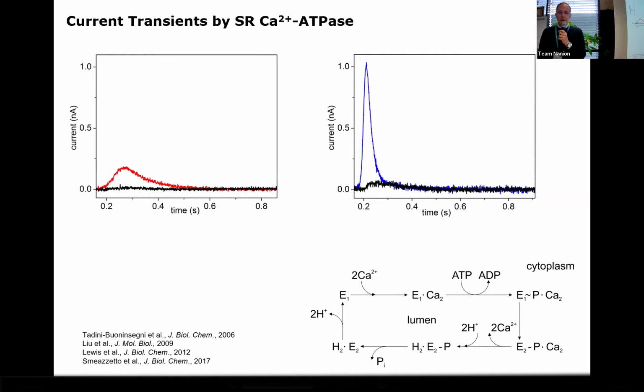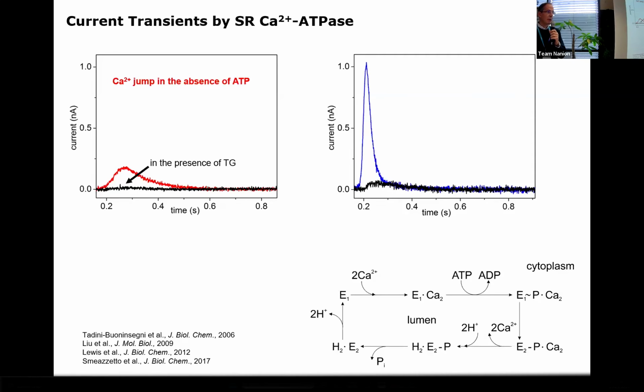Typical current transients generated by the Ca2+ ATPase following substrate concentration jumps are shown in this slide. In particular, if we perform a calcium jump in the absence of ATP, we observe a current signal, the red line, which is totally suppressed by the potent and highly selective SERCA inhibitor thapsigargin, TG.